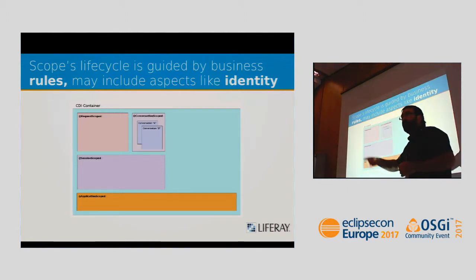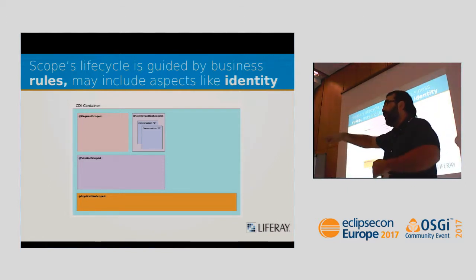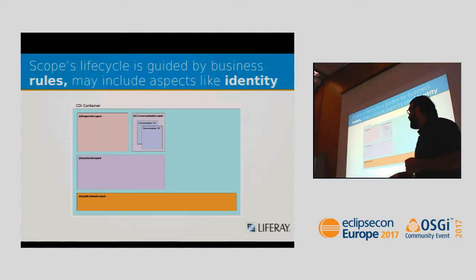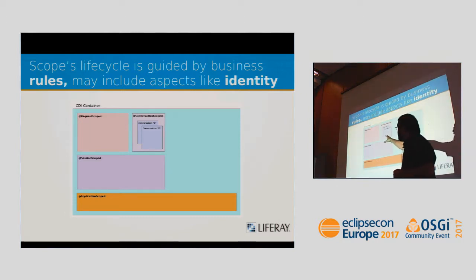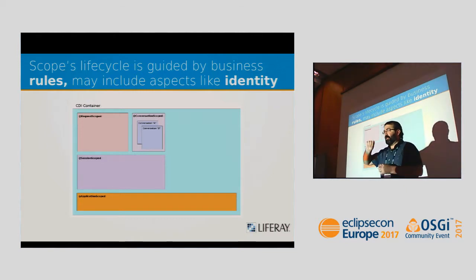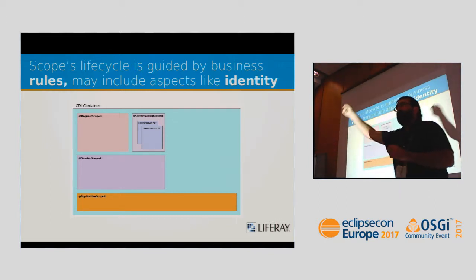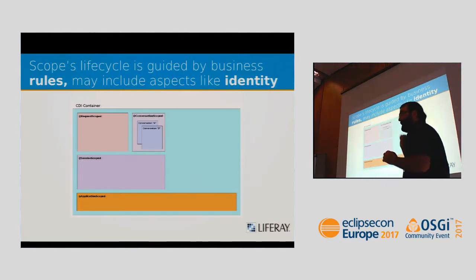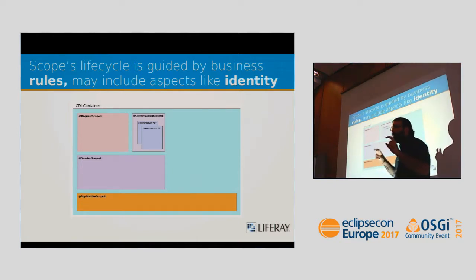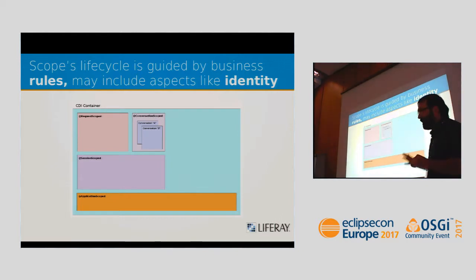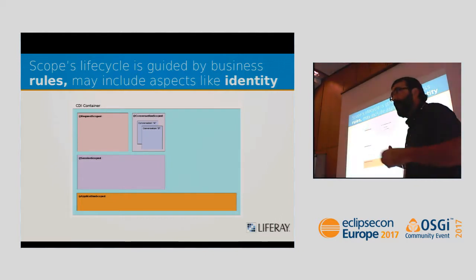In this case, these are all standard scopes in CDI, and here we have a conversation scope. But the instances of those scopes, the contexts, have a name. So when you're in your application and you want to operate inside of a scope, you have to go to some agent and retrieve the scope. That scope has an identity. This is a really important concept as I keep going through this, that we're going to come back and borrow.